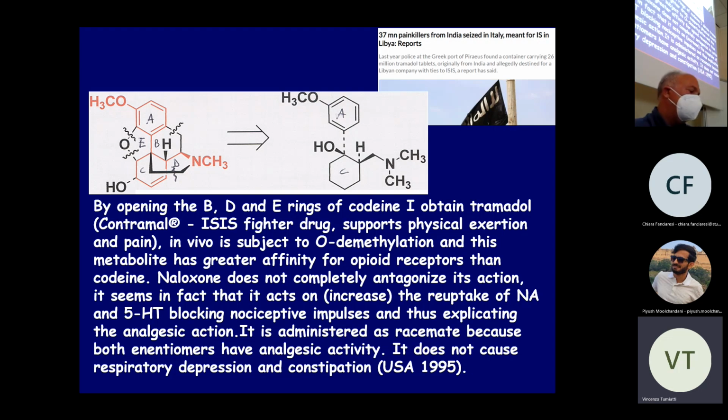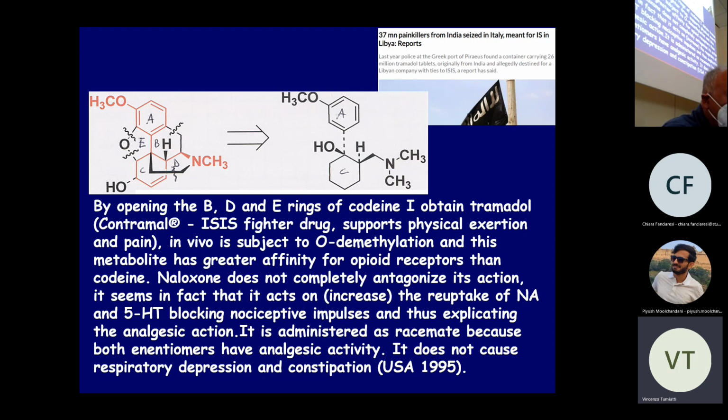This compound interacts not only with opioid receptors, because naloxone is not able to completely antagonize its activity. This means that this compound interacts also with other receptors, for example, reuptake of noradrenaline, or with other receptors like 5-hydroxytryptamine receptors involved in fear and so on.